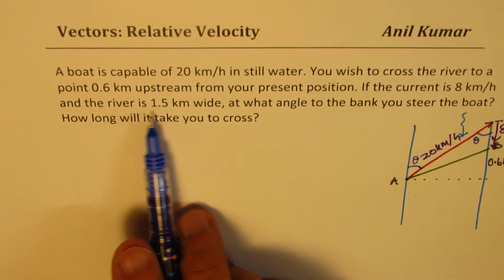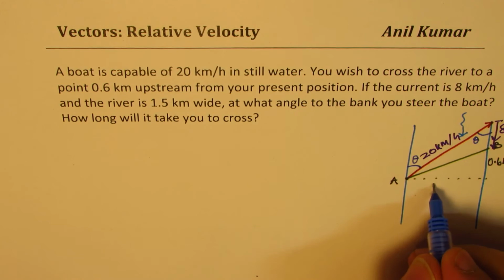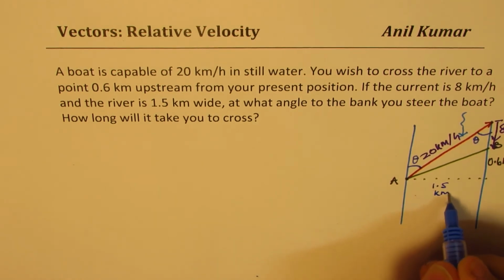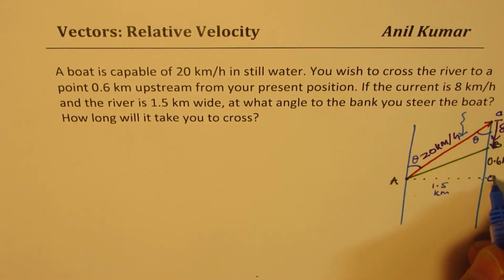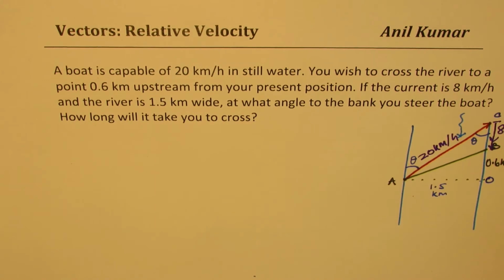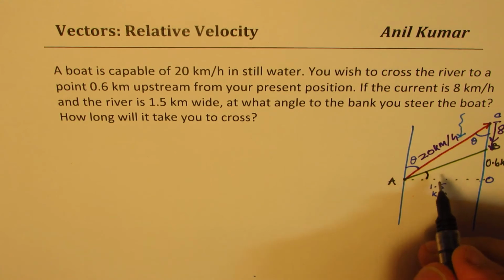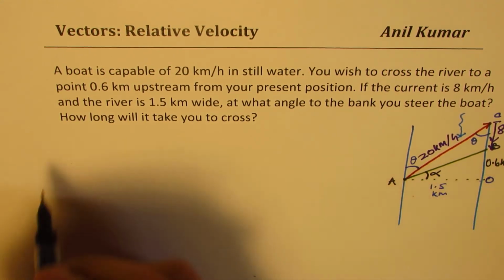We are also given that the river is 1.5 kilometers wide, so we'll write 1.5 kilometers here as the width of this river. Now, we know that the width is 1.5 and this is 0.6, so we can find that angle. Let's label it AB. Let's call this point C and this point O. The angle, let's call this angle alpha.